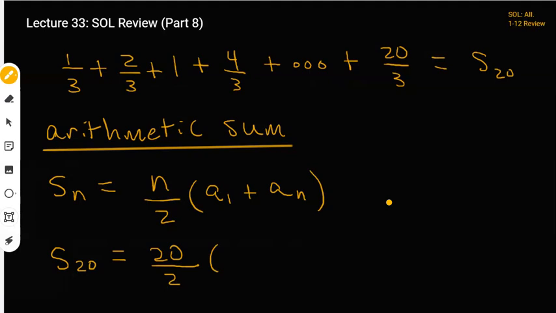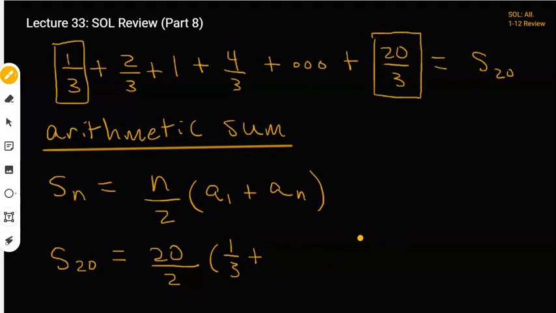What's A1? 1/3. Yep. That's the first term in the sequence, this right here. And then what is An? Yeah, 20/3. That's going to be your last term.